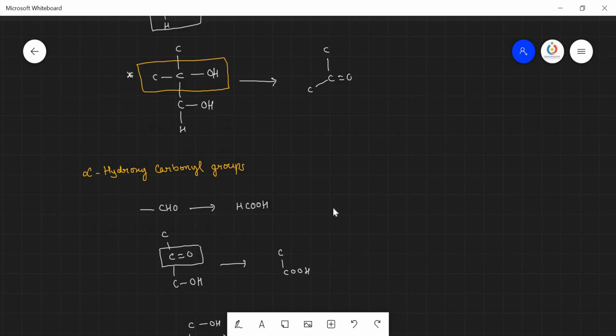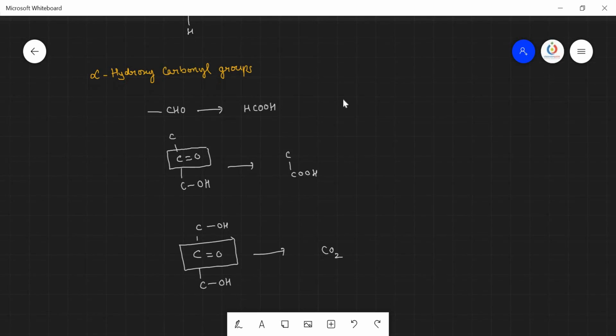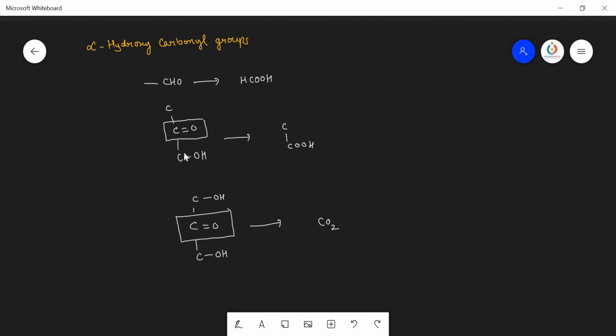Okay, and in alpha hydroxy carbonyl compounds, meaning aldehydes and ketones, see here, a keto group is there. That keto group is placed between two carbon atoms. In that, one carbon atom has the OH group, the other one does not have the OH group. Then this CO group shall be converted to the carboxylic acid.